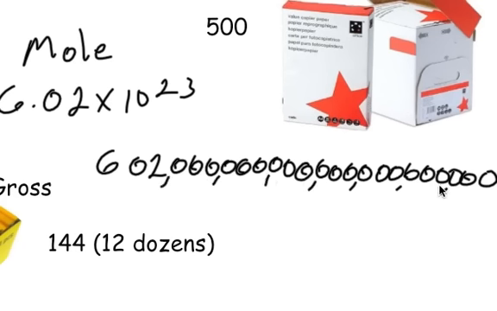So this would be the thousands place right there. That's the millions place right there. That's the billion, the trillion, quadrillion. I think this is heptillion there, and this is actually the sextillion. So 602 sextillion, a huge, huge number.